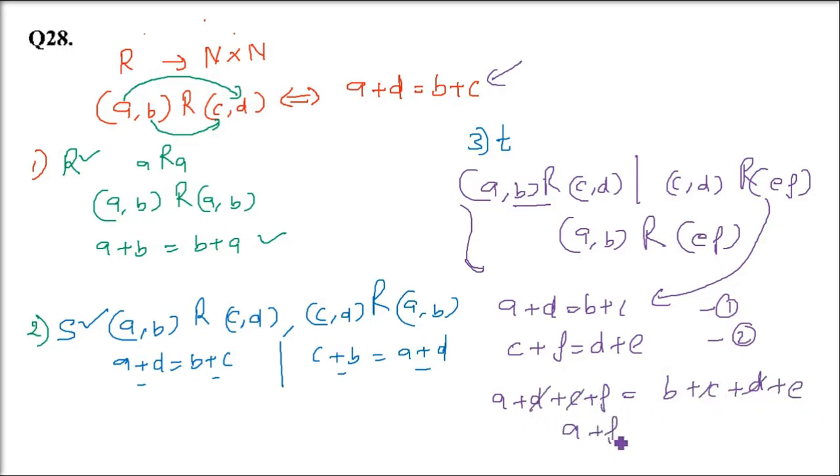A plus F equals B plus E. And this is the condition we wanted. This is the transitivity. This is an equivalence relation. The answer to 28 is C, equivalence relation.